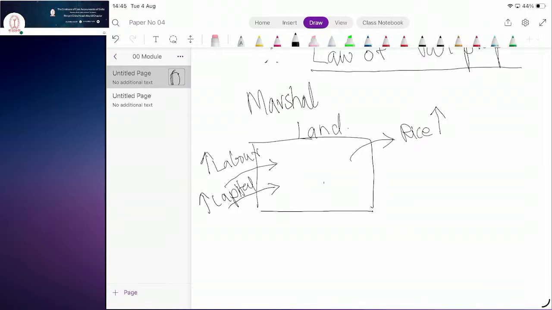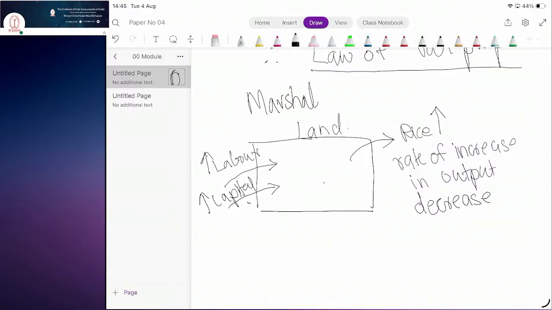So if you keep on increasing labor or capital, what will happen to the rate of increase in output? The rate of increase in the output will at some point decrease. Correct? Why? Because your land size is remaining fixed.